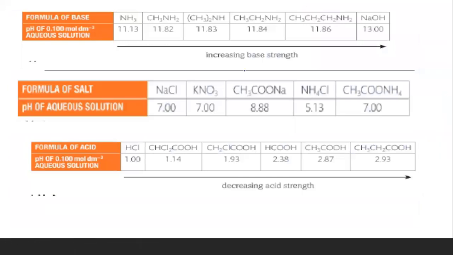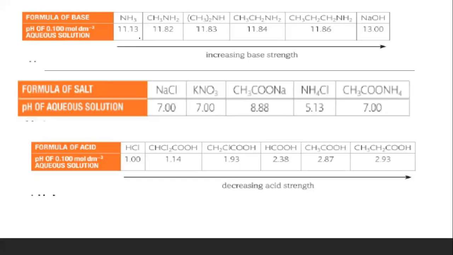So if you take a look over here, as the formula of the base is changing, the strength of the base is also increasing. It's getting stronger, right? So when you talk about it, that is exactly what you can see. Over here you can see that this was ammonia.